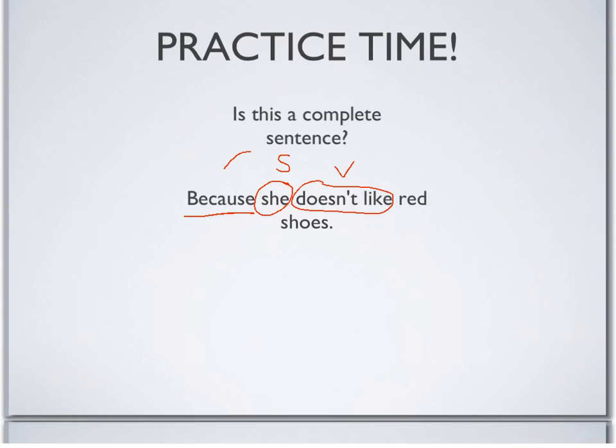Because should connect this sentence and another idea, but the other idea is missing. That means it's an incomplete sentence. We could say, she didn't buy the shoes because she doesn't like red shoes, and that's a complete sentence. But without the other idea, it's incomplete.